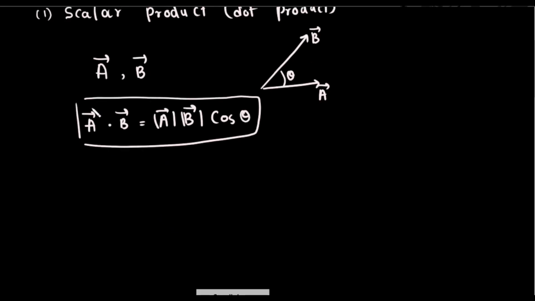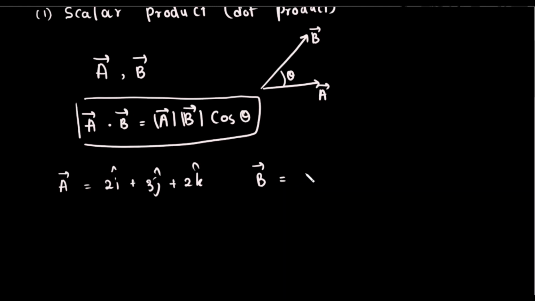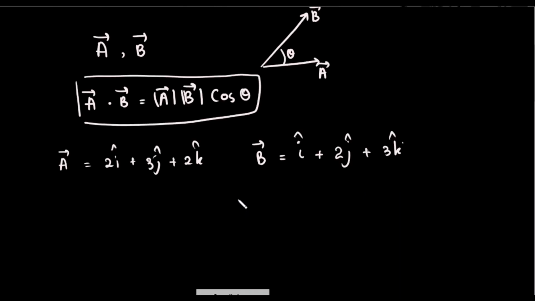Now if you have a vector A like 2i plus 3j plus 2k hat, and a vector B like i hat plus 2j hat plus 3k hat, I'm going to find the dot product between these two vectors.